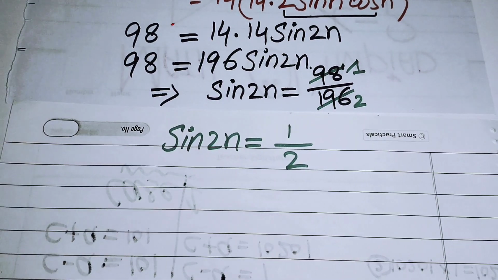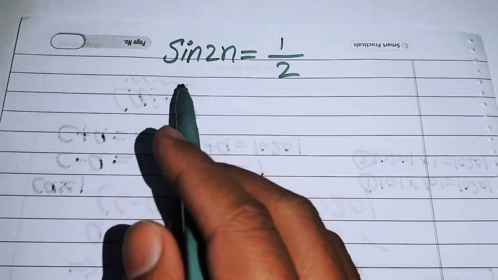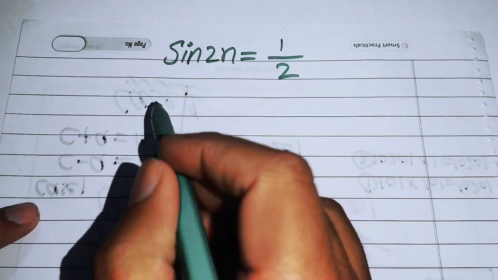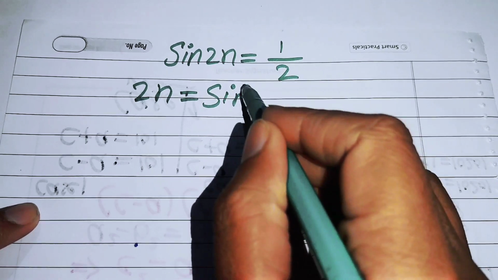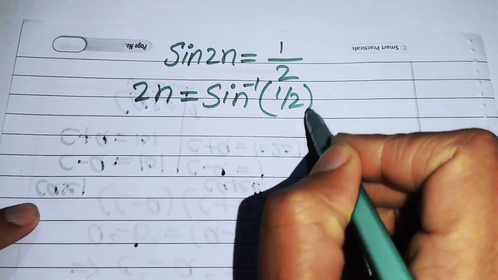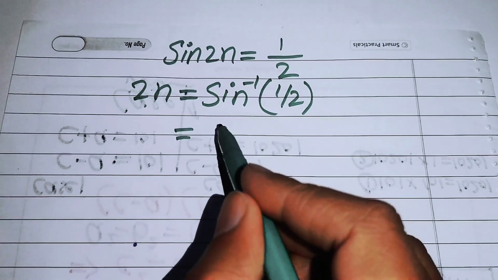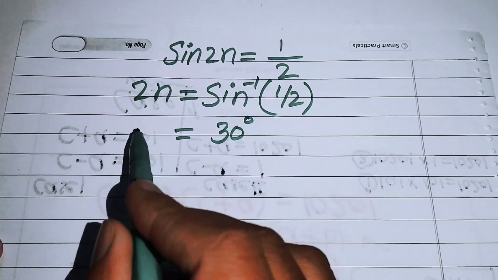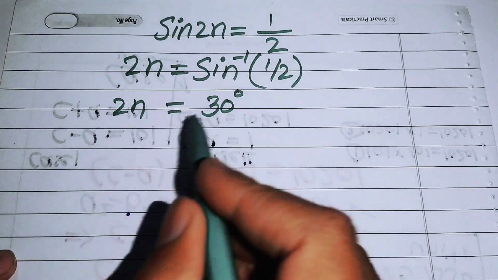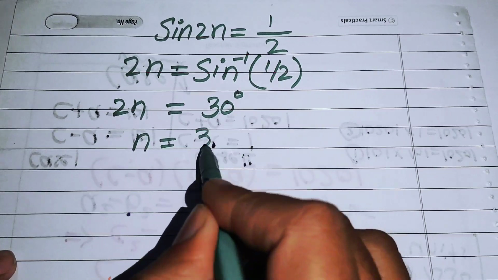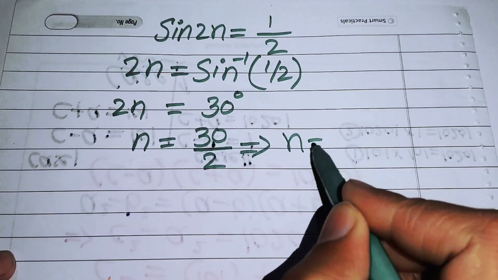Because our main goal in this problem is to find the value of n, we move this sine to the right hand side, then 2n equals sine inverse of 1 over 2. You know that sine inverse of 1 over 2 equals 30 degrees, and on the left hand side we have 2n. Moving this 2 to the right hand side, we get n equals 30 over 2.